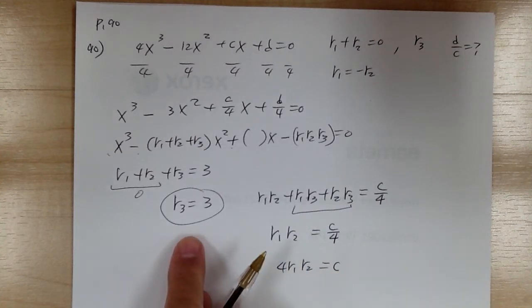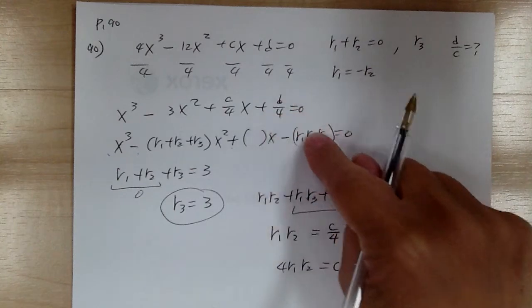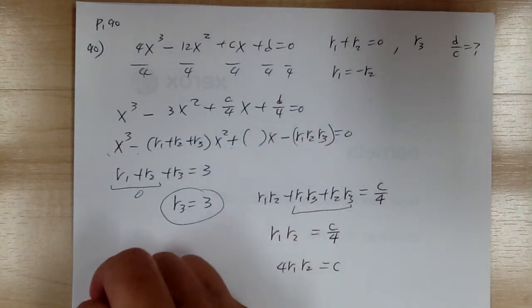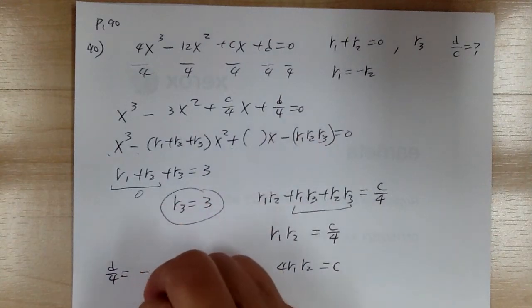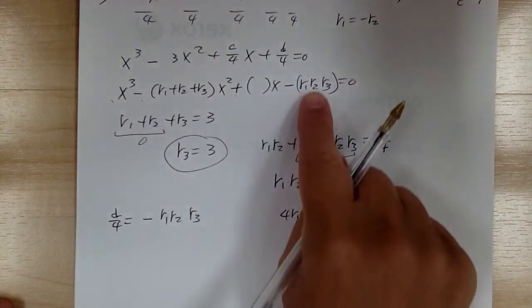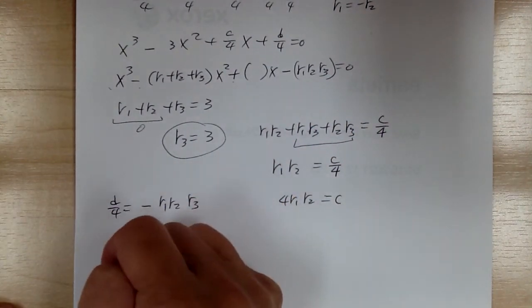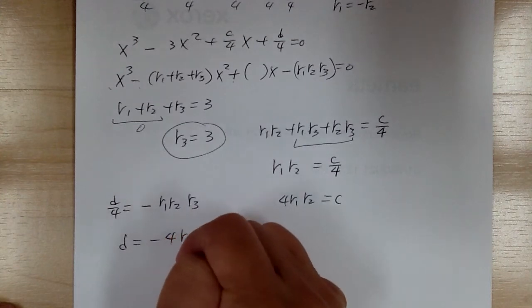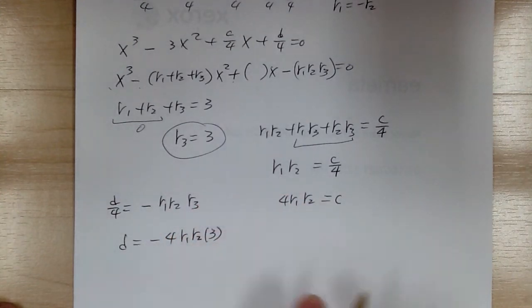So now let's find d. We're going to do the matching for this part over here. So d over 4 matches with negative r1 r2 r3. You apply the root equation and cross multiply, so d equal to negative 4 r1 r2 times r3, and r3 equal to 3.